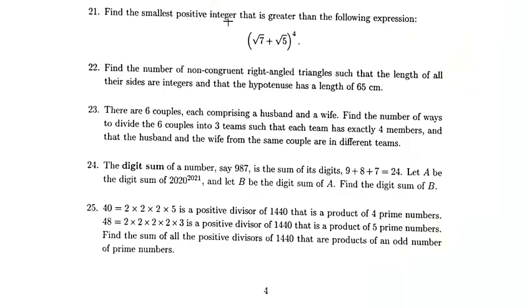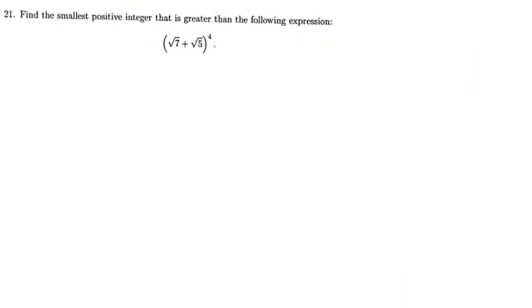Find the smallest positive integer that is greater than the following expression, root 7 plus root 5 to the power of 4. Okay, so let me write with blue, let's consider it is A. So A is, you can say, 7 plus 5 plus 2 root 35, to the power of 2.